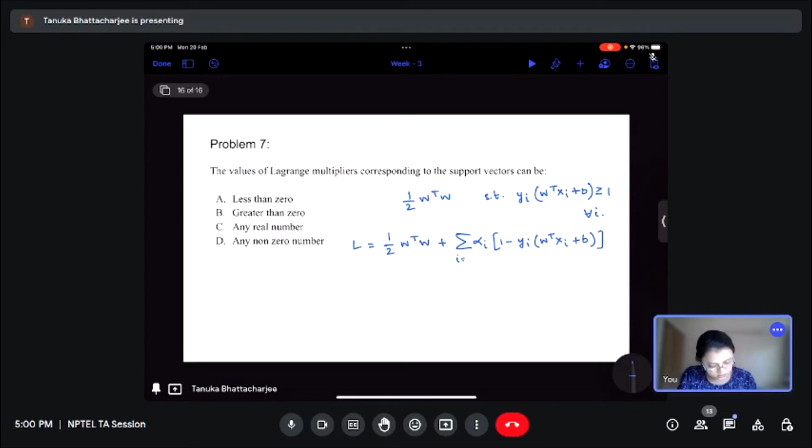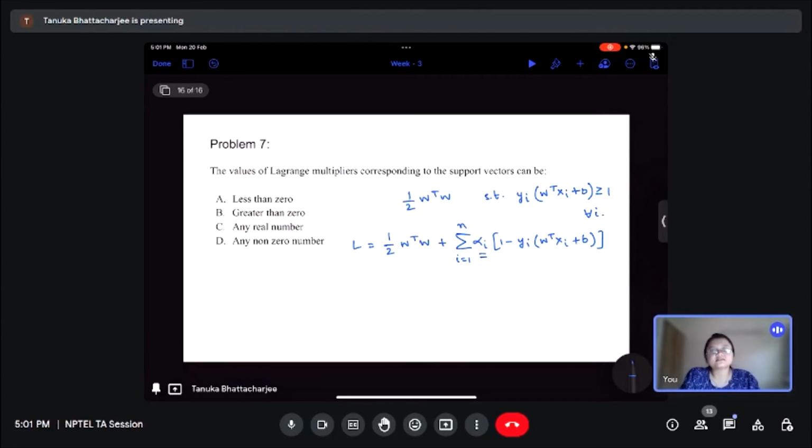Summation i equals 1 to n. Here this alpha i is your Lagrange multiplier. For each data point, the ith data point, your Lagrange multiplier is alpha i. Now if you just consider the support vectors, only those data points, what will be the values of the Lagrange multipliers?